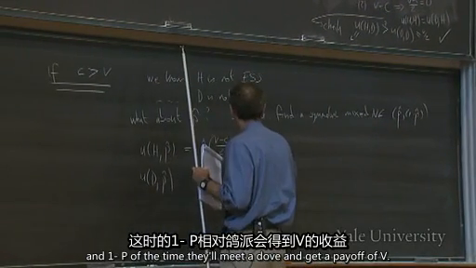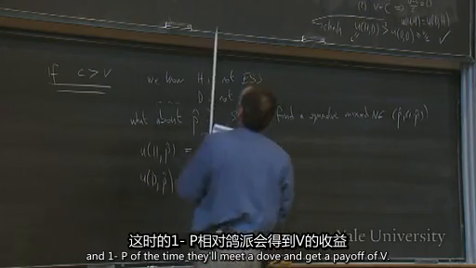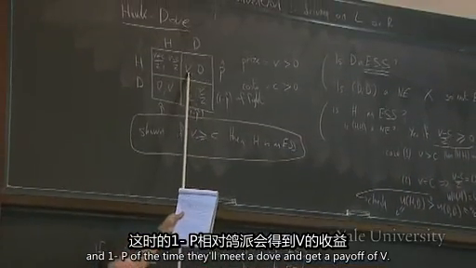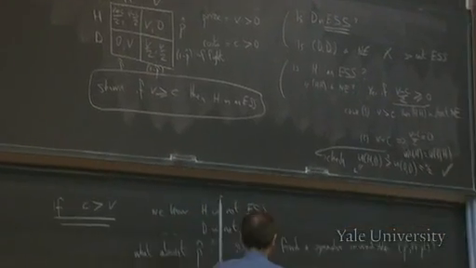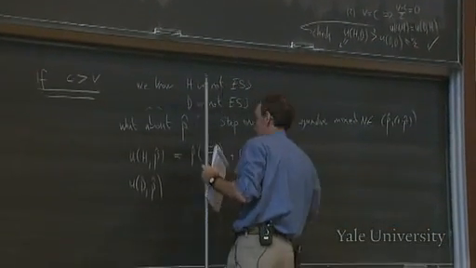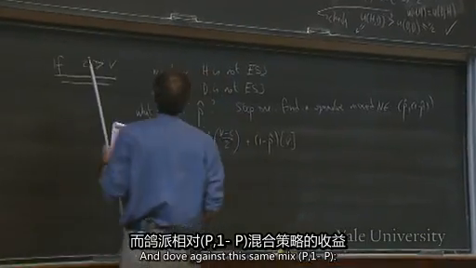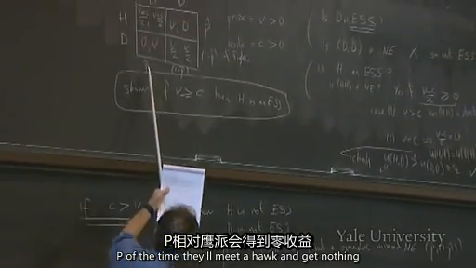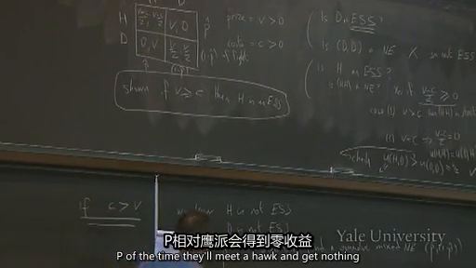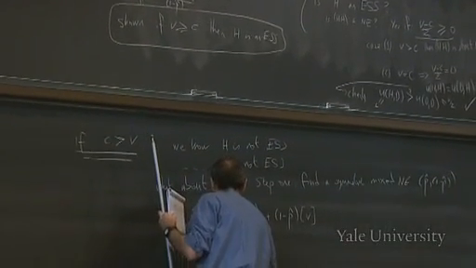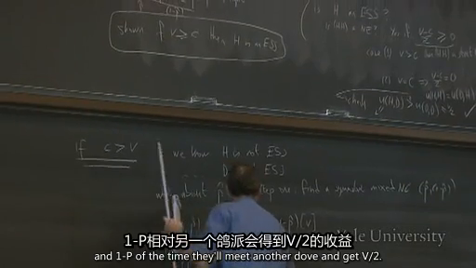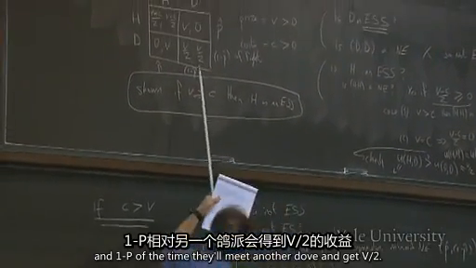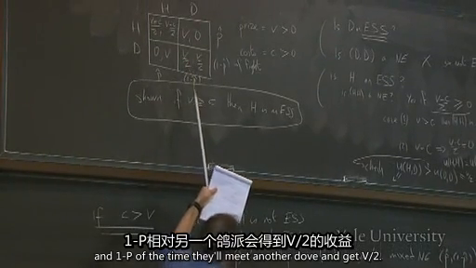And 1 minus P hat of the time, they'll meet a dove and get a payoff of V. And dove, against this same mix, P hat, 1 minus P hat: P hat of the time, they'll meet a hawk and get nothing. And 1 minus P hat of the time, they'll meet another dove and get V over 2.